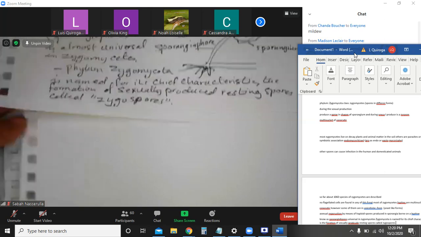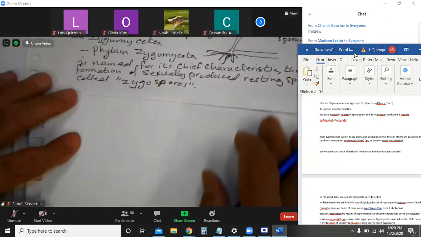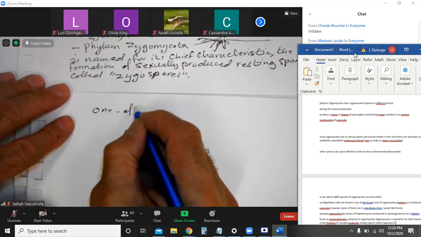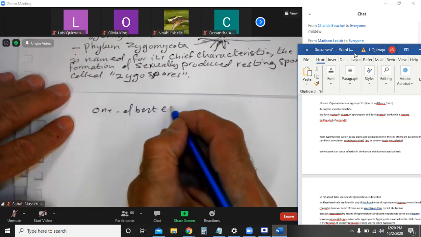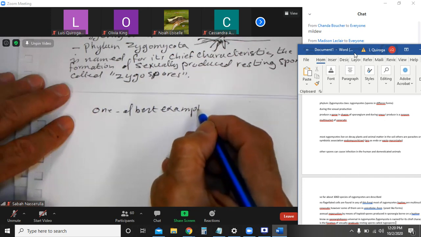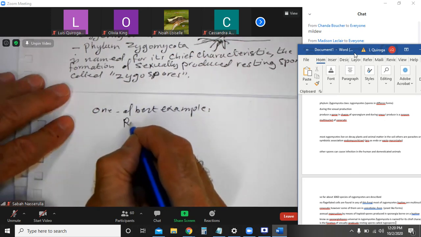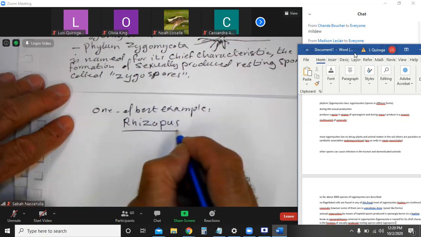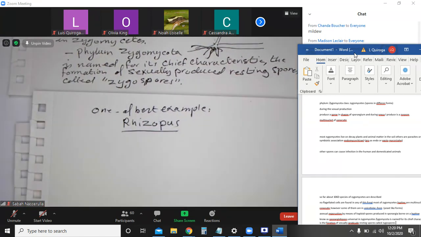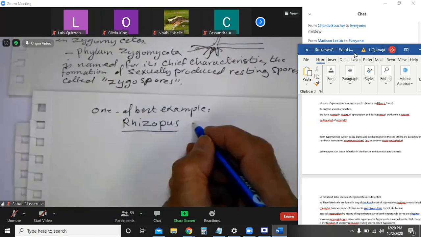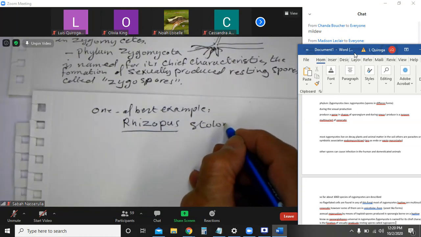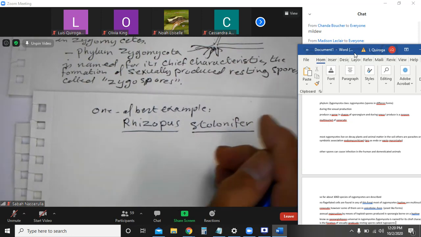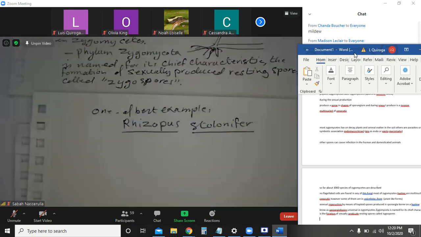One of the best known examples of this group is Rhizopus stolonifer.